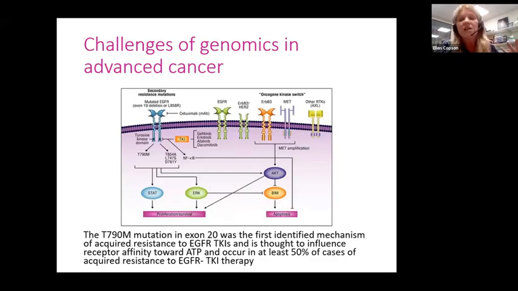We are starting to identify markers of resistance, and for example, the T790M mutation, exon 20, is now recognized as occurring in about 50% of cases of acquired resistance to EGFR TKI therapy, and that test is available for non-small cell lung cancer within the new Genomics directory, so we can start to interrogate this idea of markers of resistance.